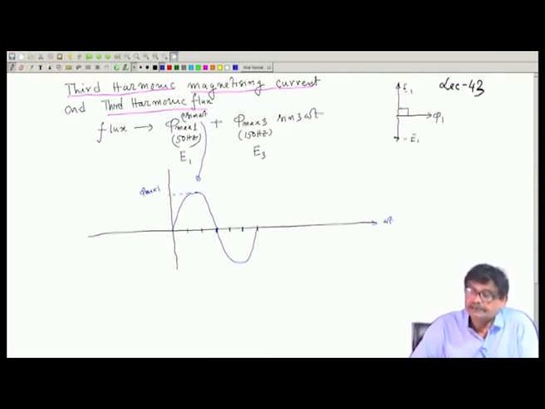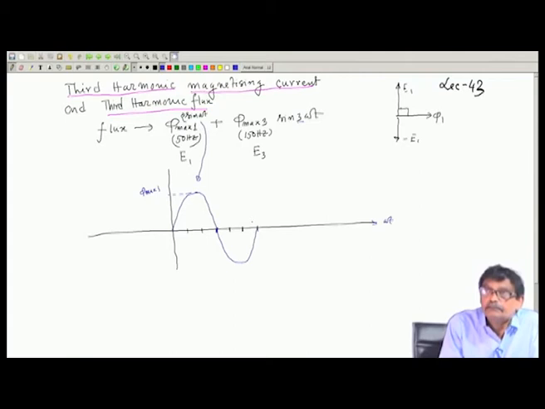Then I sketch the third harmonic component in the time axis. Now, since it is 3 omega t, when the fundamental completes one cycle, the third harmonic component will have 3 cycles over the fundamental period.